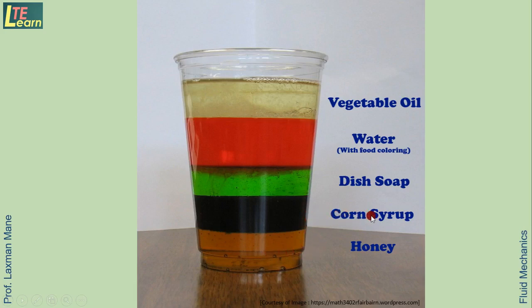Above it corn syrup, dish soap, water, and at the top vegetable oil, meaning it is the lightest fluid, meaning its density is low as compared to honey, so that's why it is deposited at the top.